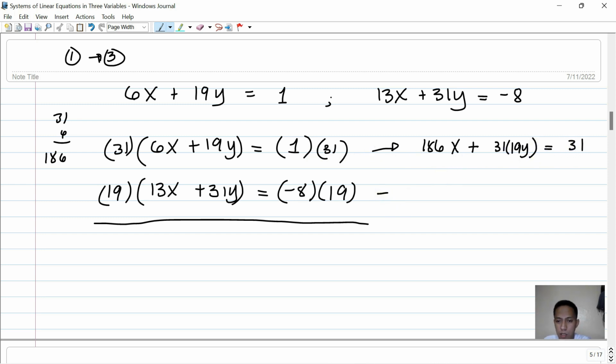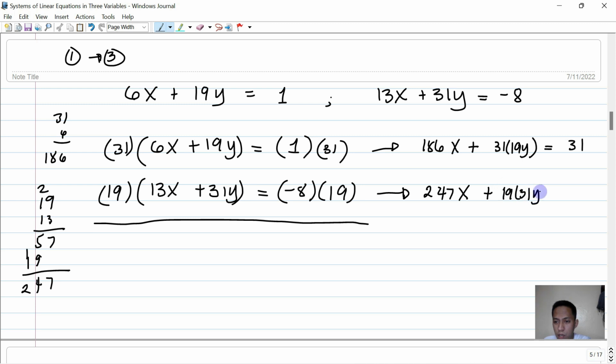And for the second equation, you have 19 times 13x. That is 3 times 9, 27. So 3 times 1, 3 plus 2, 5. 1 times 9, 1 times 1. And we have 247x, plus 19 times 31y.